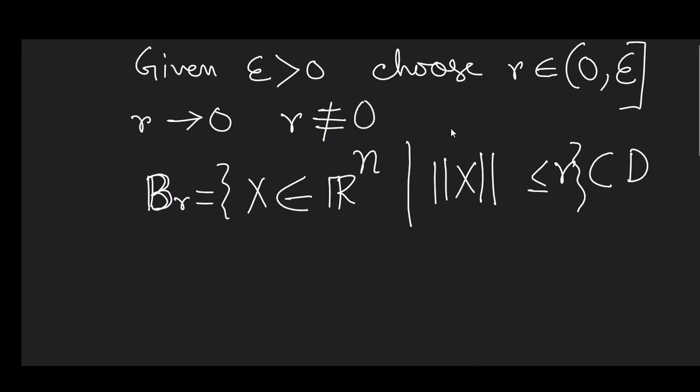So B_R obviously belongs to D. The way we have defined it, there are two ways to define a ball. Here this ball is such that the outermost surface of the ball is also present. So this is a ball.